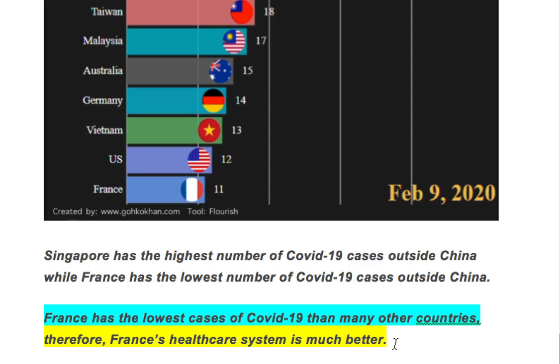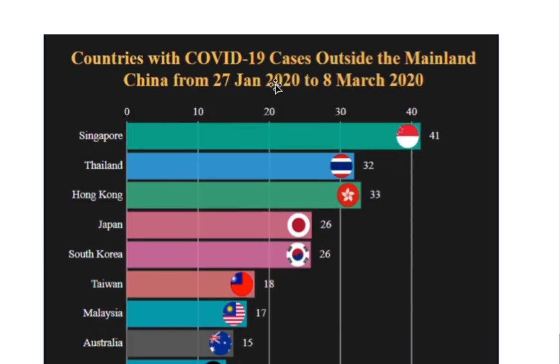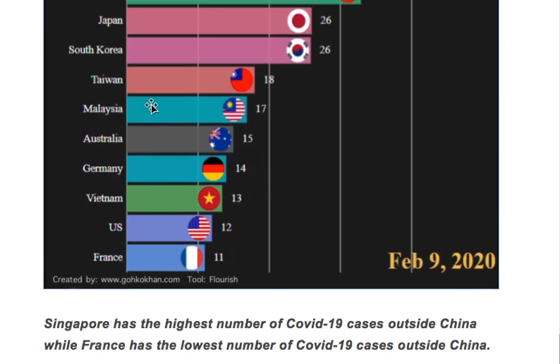That is actually an opinion because there could be many other reasons why France has the lowest cases of COVID-19 than many other countries. Maybe because France is located far, far away from China, so that is why it has the lowest number.